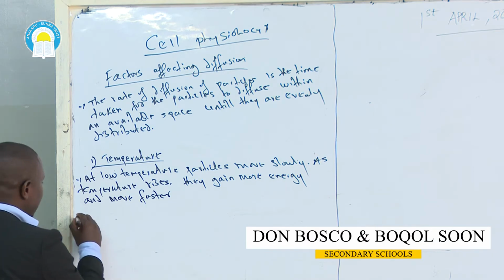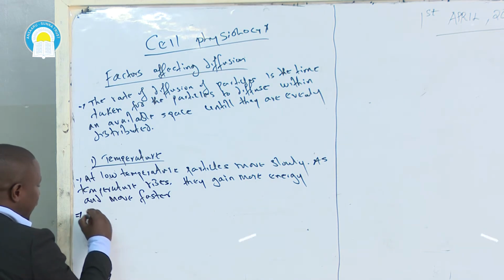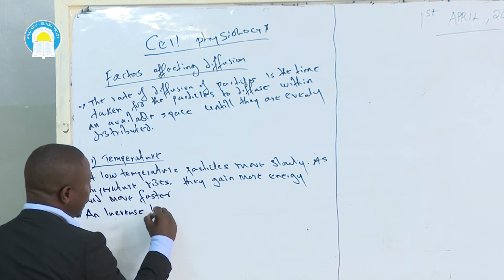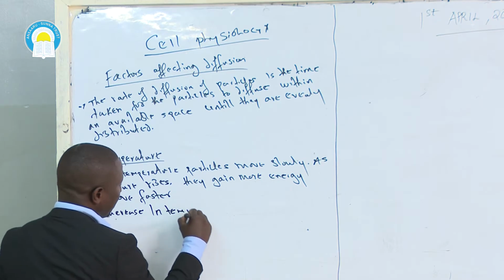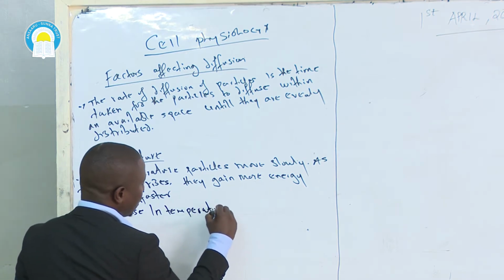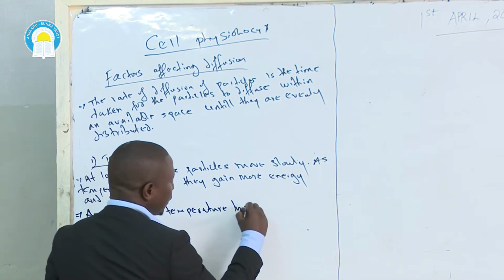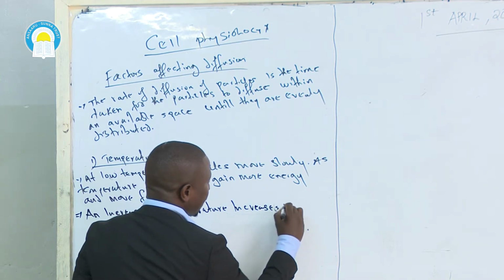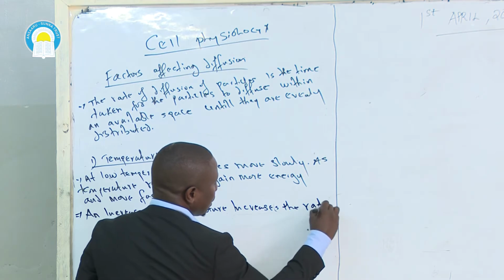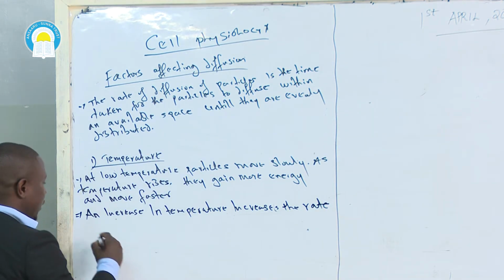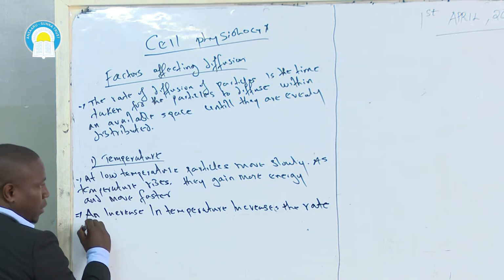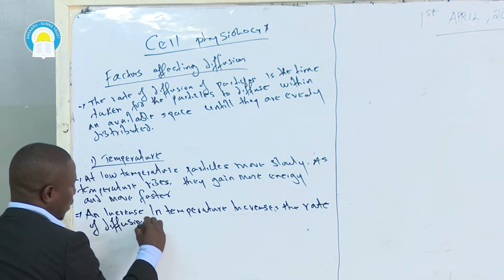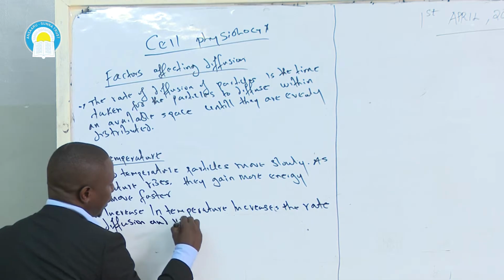So you're being told that an increase in temperature increases the rate of diffusion, and vice versa.